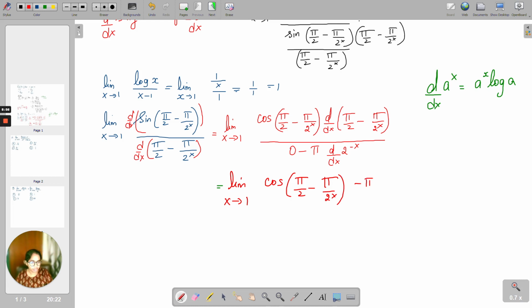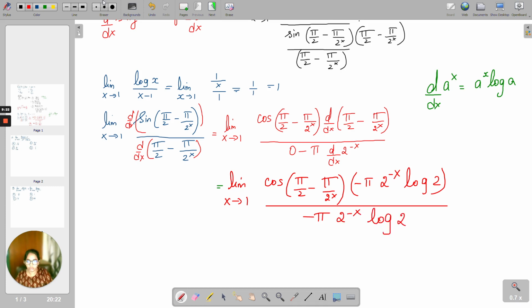In the place of a power x, we have 2 power minus x and then log 2. This is divided by the same thing, minus pi 2 power minus x log 2. So in the numerator and the denominator, these terms get cancelled.